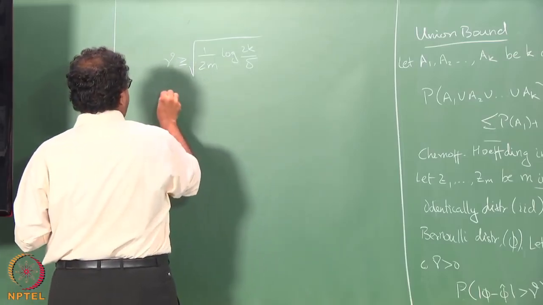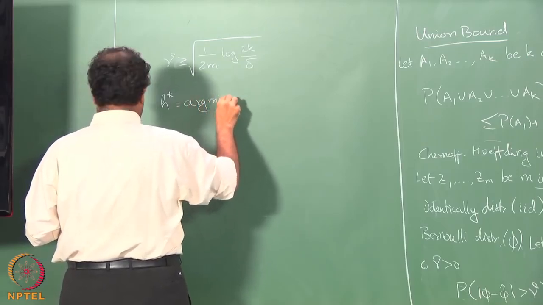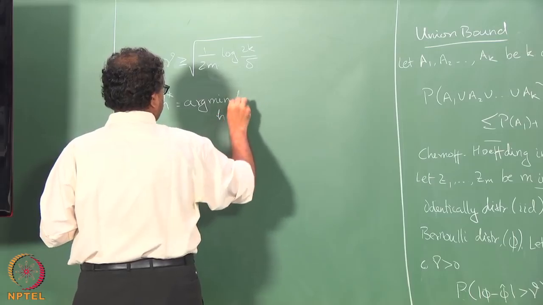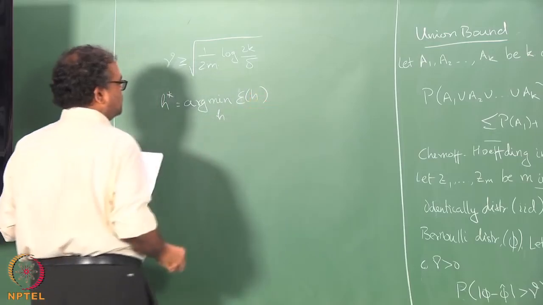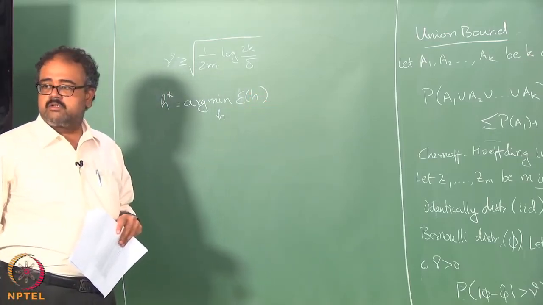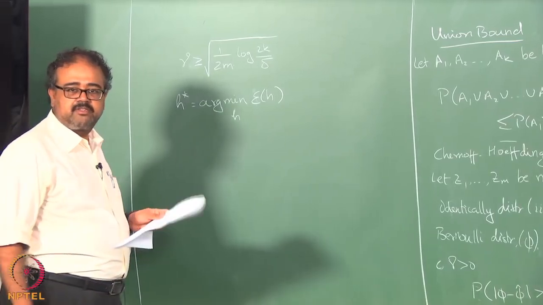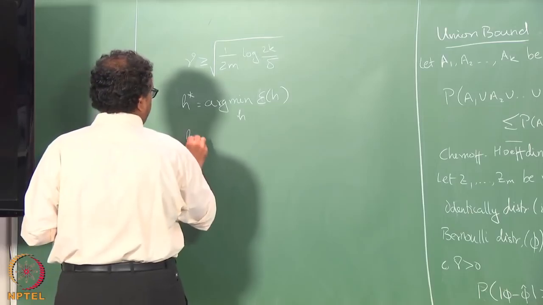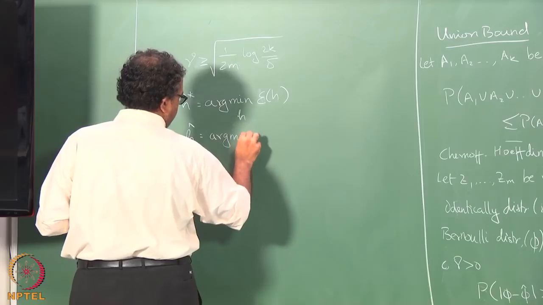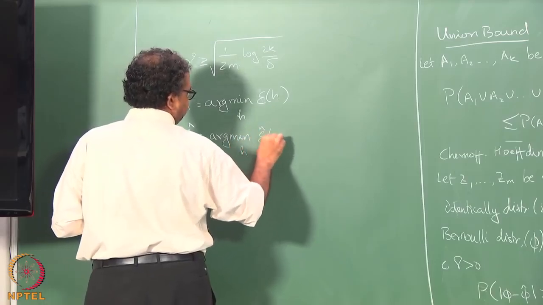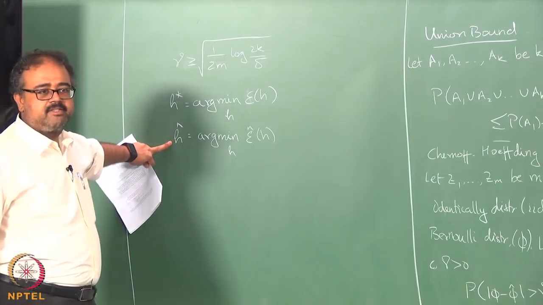We will define H star to be the truly best classifier that you have in the hypothesis class H. We will define H hat to be that classifier you will pick by doing empirical risk minimization.